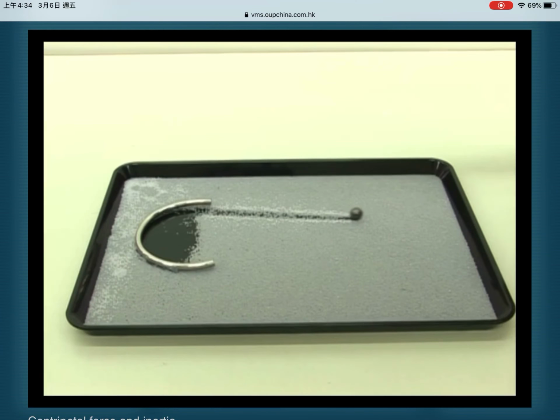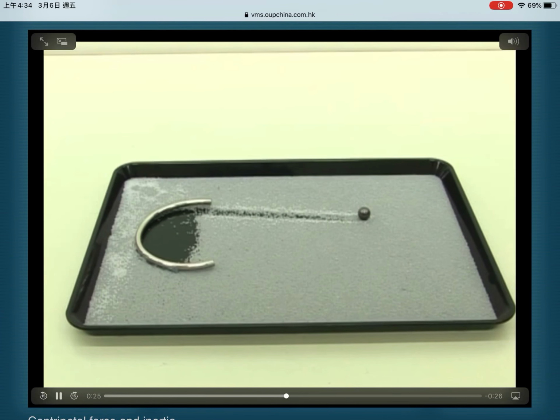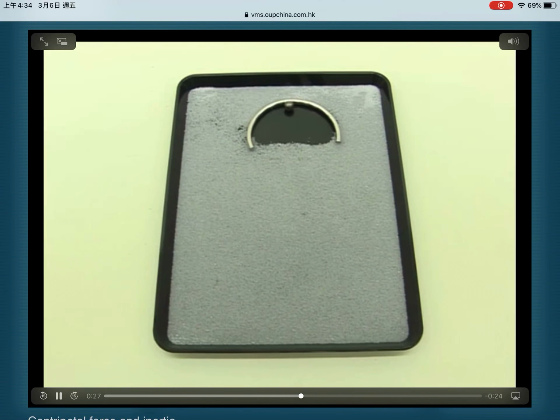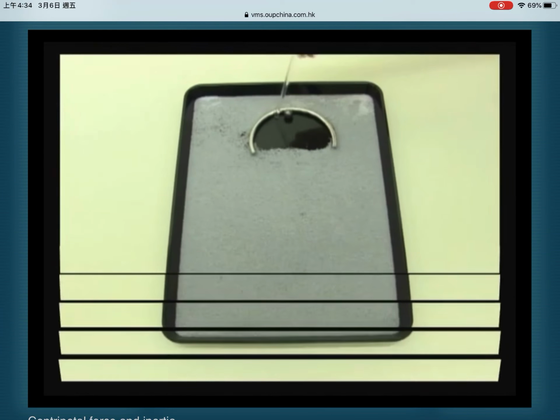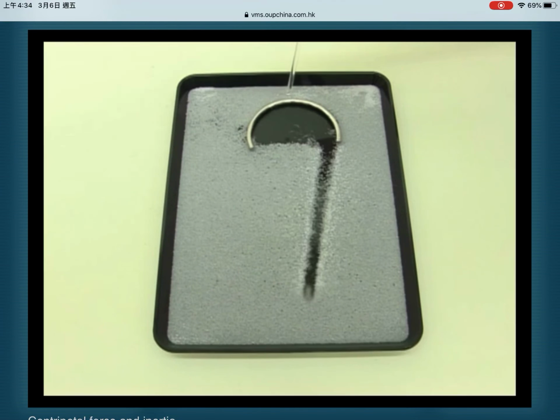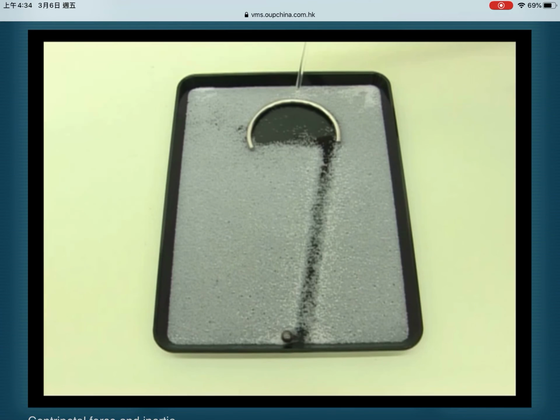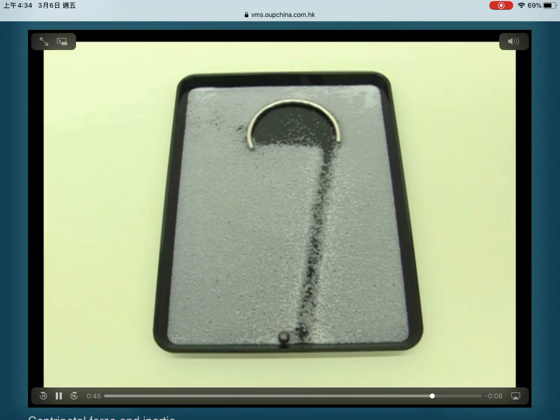What will happen when the ball leaves the rail? Watch the motion again from another angle. When the ball leaves the rail, the normal reaction acting on the ball by the rail disappears. As a result, the ball moves in a straight line due to inertia.